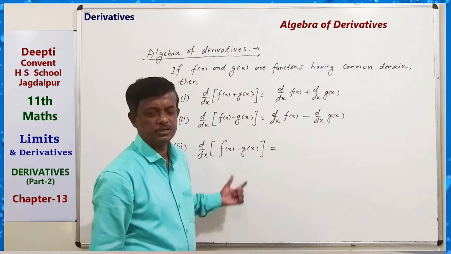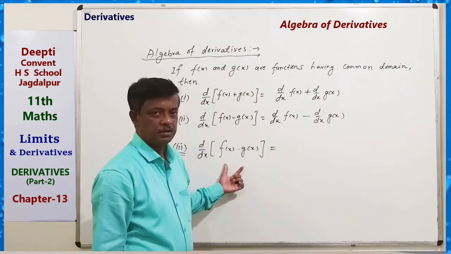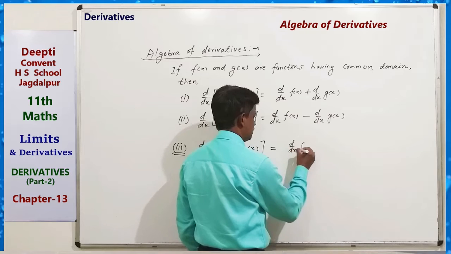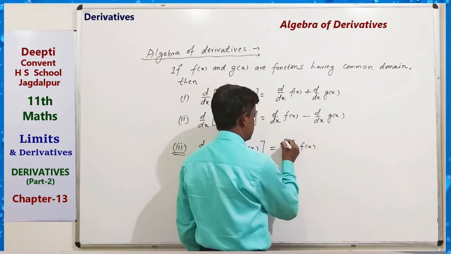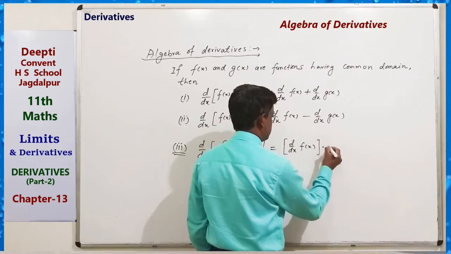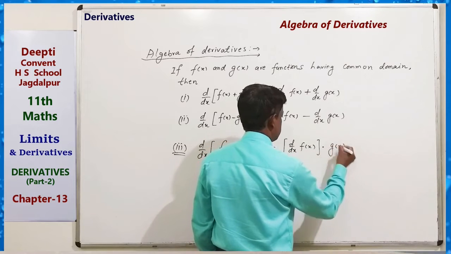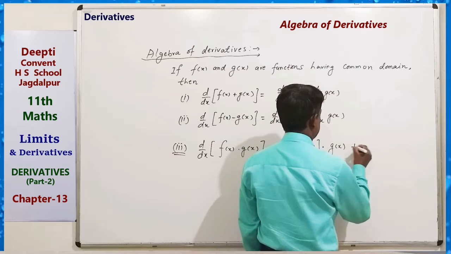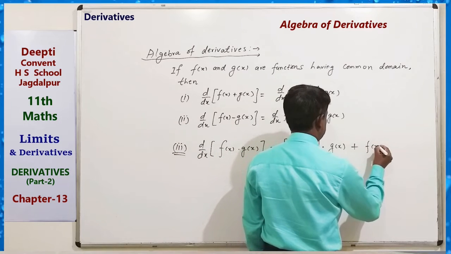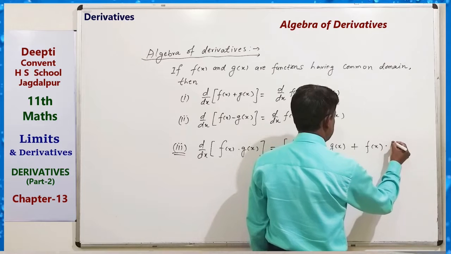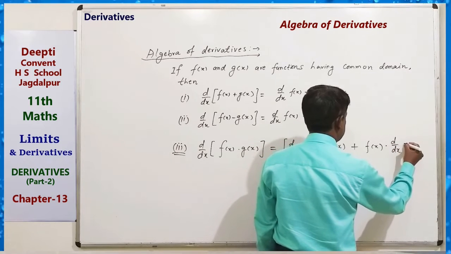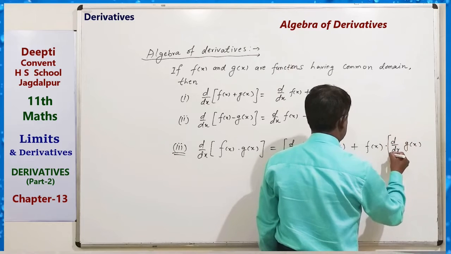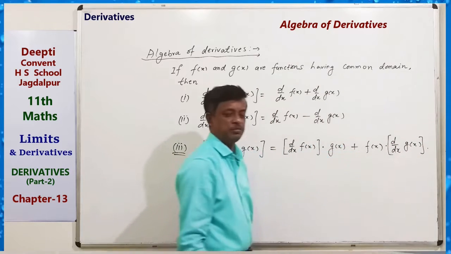There is a product of two functions. So the derivative of the first function into the second function, plus, in reverse order, the first function into the derivative of the second function. This is the formula.